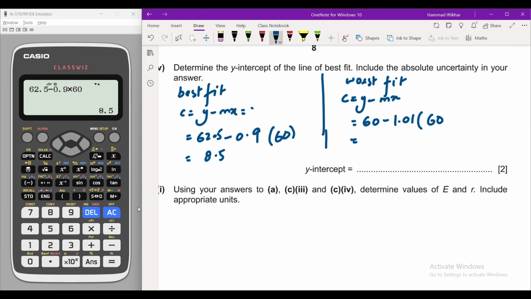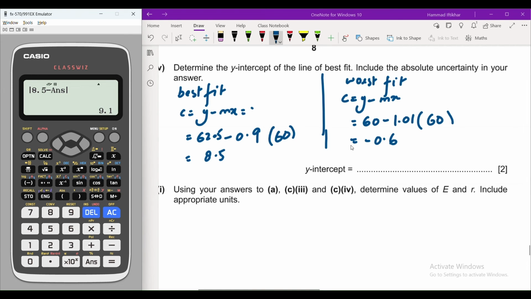Next up is the 1.01. So 60 minus 1.01 times 60, we get minus 0.6. So the absolute difference between these, 8.5 minus this value, is 9.1, or just simply 9.